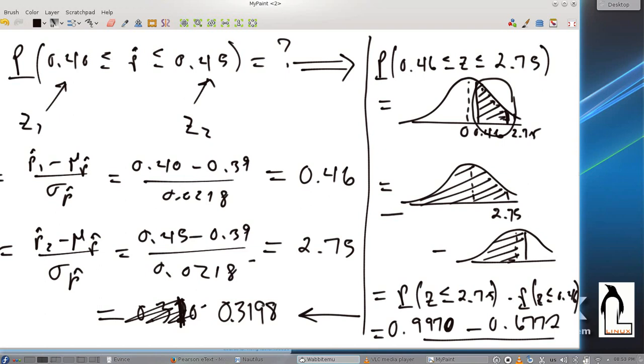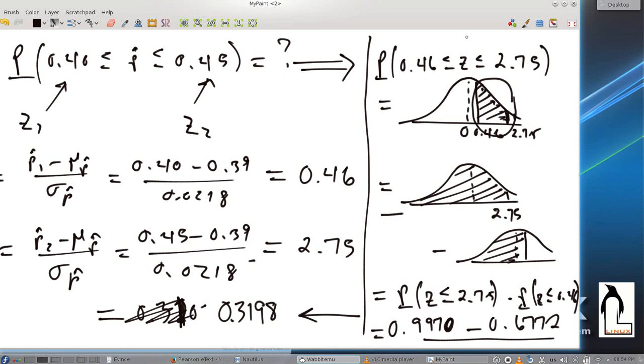In other words, we can multiply this by 100 to say that out of the 100 samples, 32 of them believe that marriage is obsolete, and that is between 40% and 45% for those people. Okay, so that is the interpretation of that.